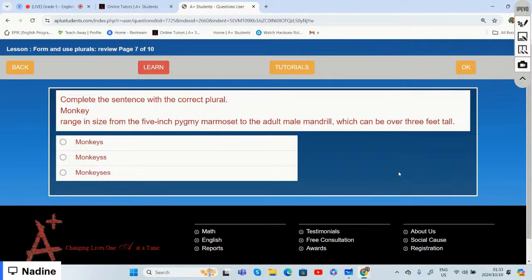Option one, two, or three. So we said monkey with an S. So well done.